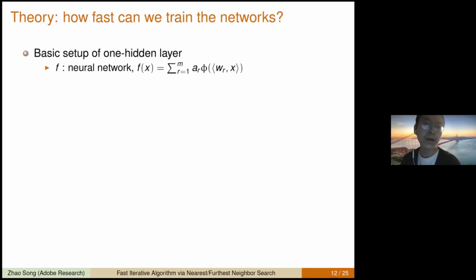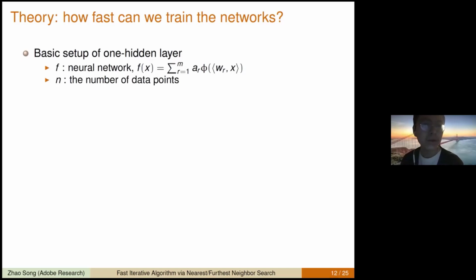So w_r is a vector in R^d, and a_r is just a scalar. And phi here is the nonlinear activation function in the neural network. In practice, we choose phi to be ReLU or a sigmoid function. The ReLU just takes the maximum between the input entry and 0. So in this talk, I will just focus on ReLU.